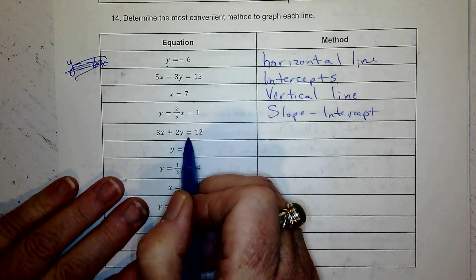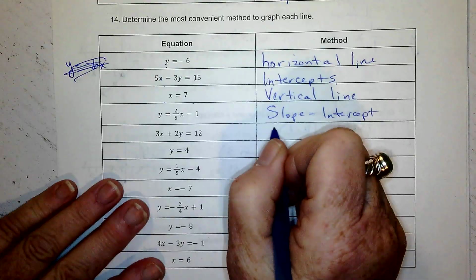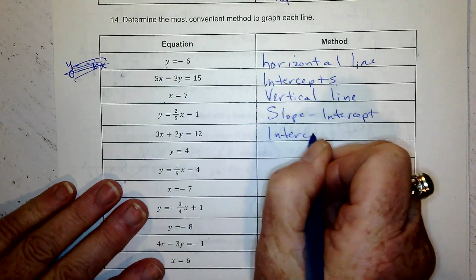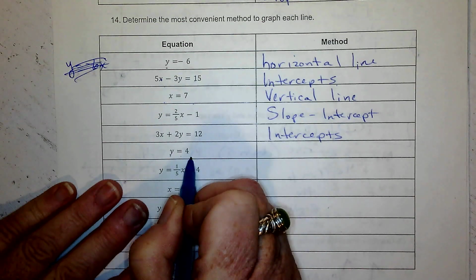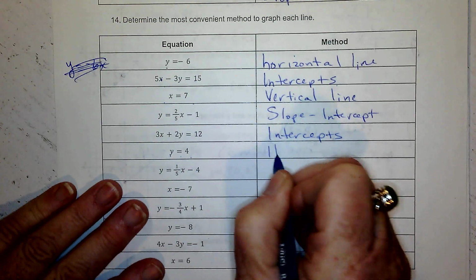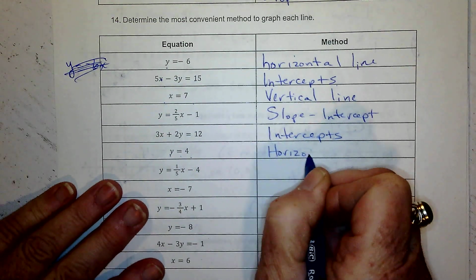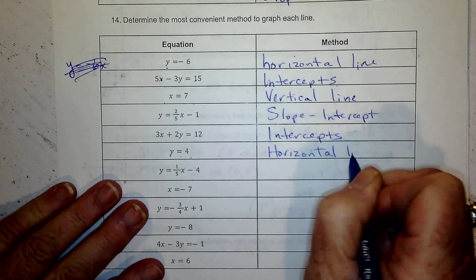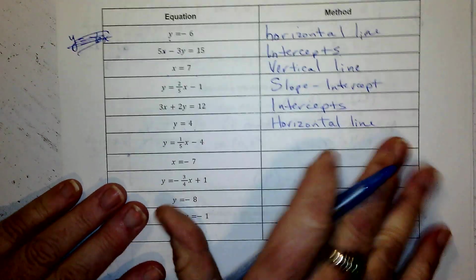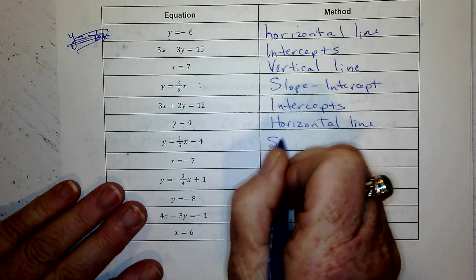This one I would use the intercepts again because it's not solved for y. This one has y equals a number, so this is a horizontal line. Goes through where the y is equal to 4. This one is solved for y, so this is the slope-intercept method.